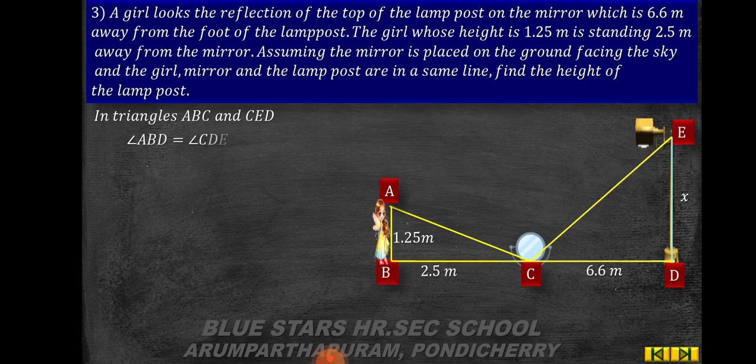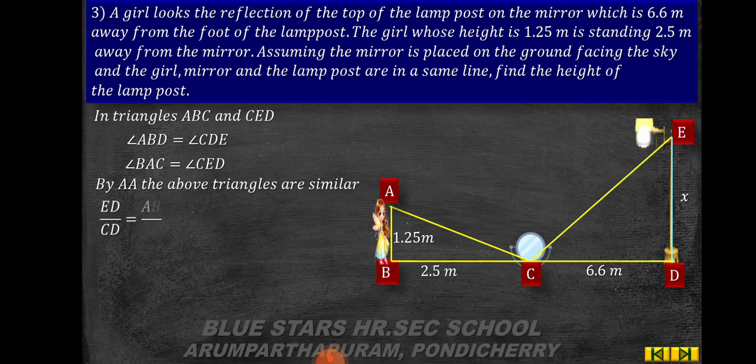So in triangle ABC and triangle CED, angle ABD is equal to angle CDE. Angle BAC is equal to angle CED. By angle criteria, the above triangles are similar.